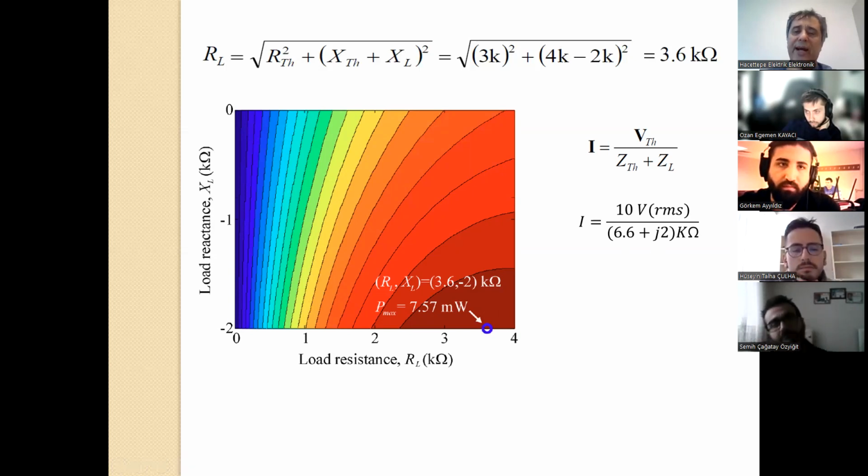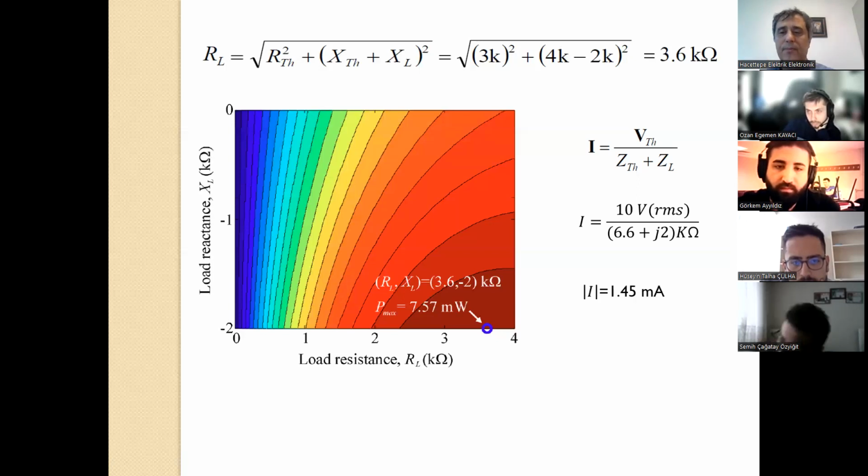Plus, now we have reactance due to limitation: J4K minus J2K. So it is going to be J2K. So the limitation is going to affect my resistance and then my reactive side. Then the magnitude of the current is 1.45 milliampere.